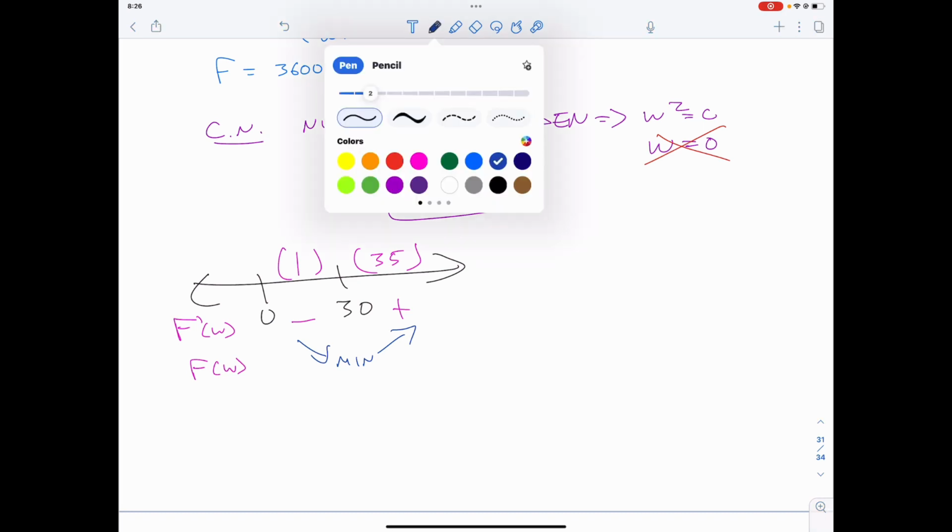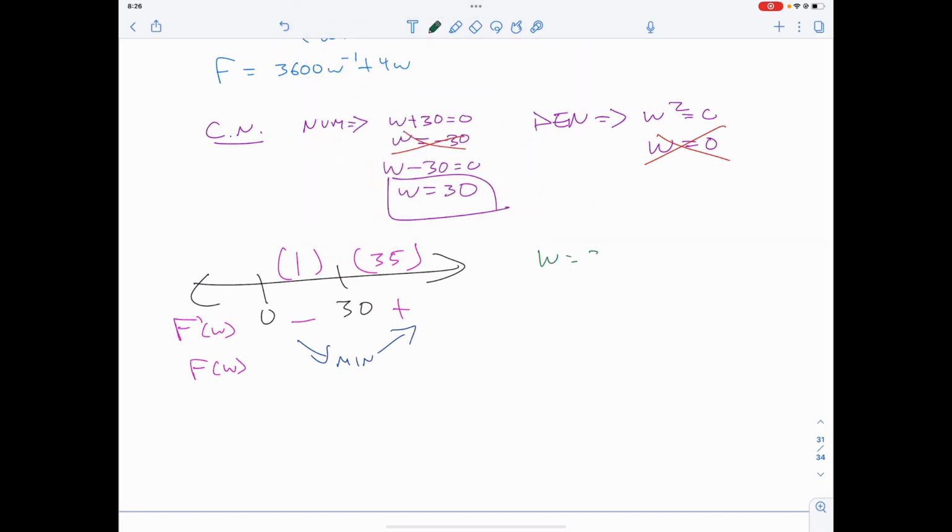So if my min is when W is equal to 30 meters, then that is when my length is going to equal 600 divided by W, which is going to be 20 meters.